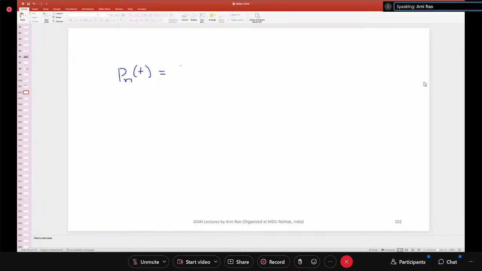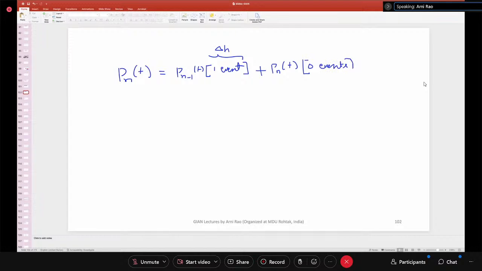One is the probability that there are n minus 1 events at time t, and then within a small interval, delta h, one event occurs. Plus the probability that there are n events up to time t, and during a small interval delta h, zero events.